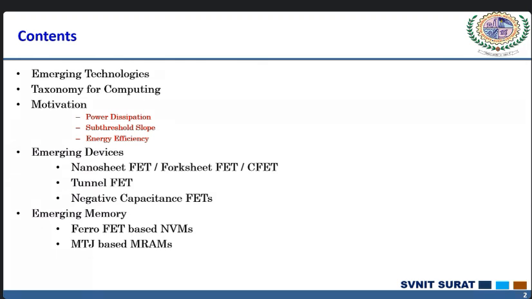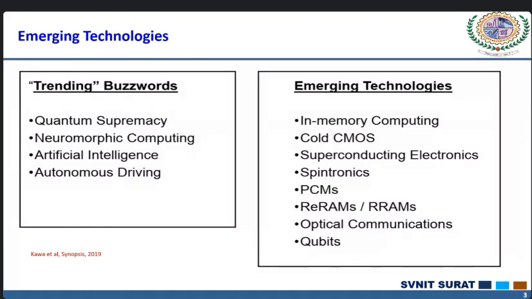At last, I'll discuss the emerging memory technologies, which are FeFET-based non-volatile memories and magnetic tunnel junction-based MRAMs. I'll discuss everything in brief, so meanwhile, if you have any doubt, feel free to ask.